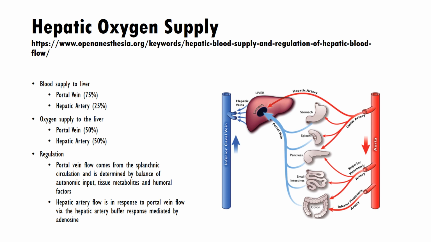So this comes with the hepatic artery buffer system. As portal vein flow decreases, hepatic artery flow needs to increase. This is done by adenosine, and the hepatic artery is then dilated. The opposite is true when there's adequate flow through the portal vein. The hepatic artery constricts, also due to changes in adenosine.